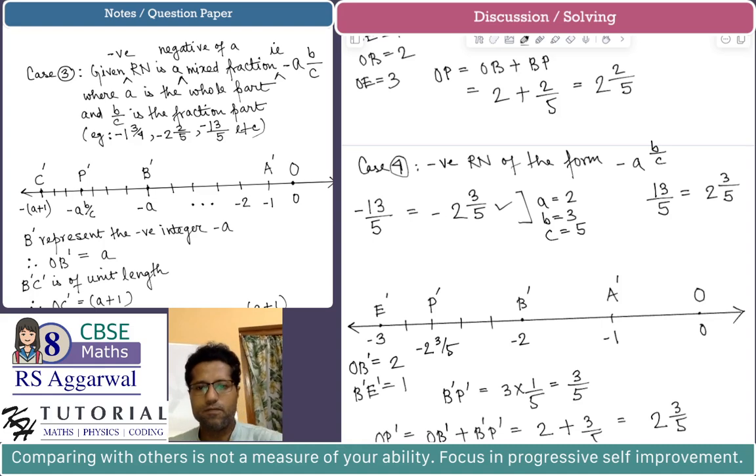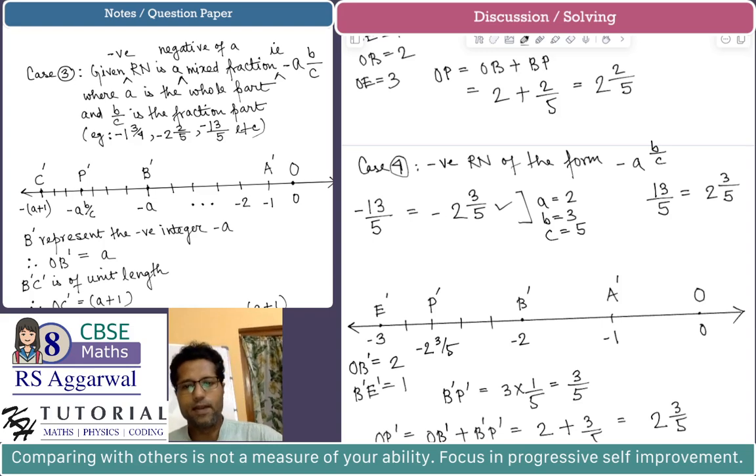So these are all the major cases of rational numbers that you will be asked to represent on the number line or real line. Why is it called real line? Because up to class 7 you have learned the number line where you draw the integers, whole numbers, natural numbers.